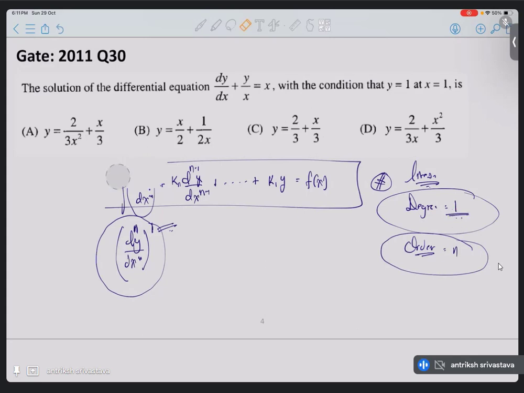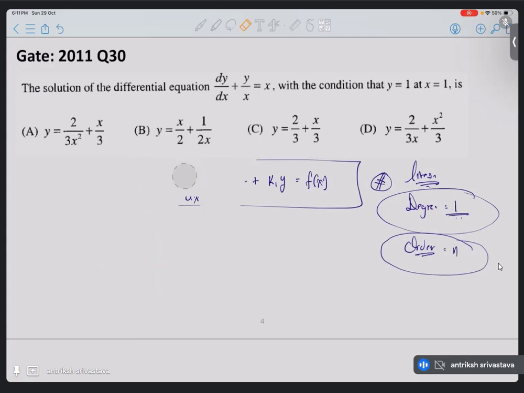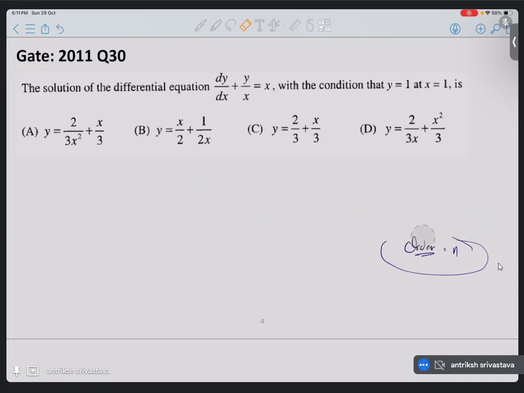Now, when n is 1 and we are given these kinds of questions, how do you think we should solve this equation to get y? I think it is a very famous approach, one that is not very easy to forget.